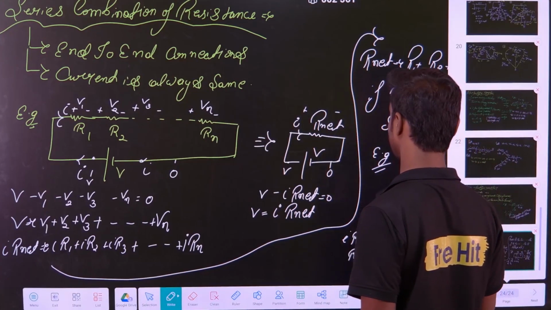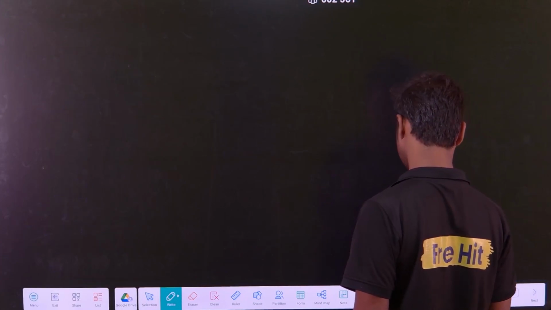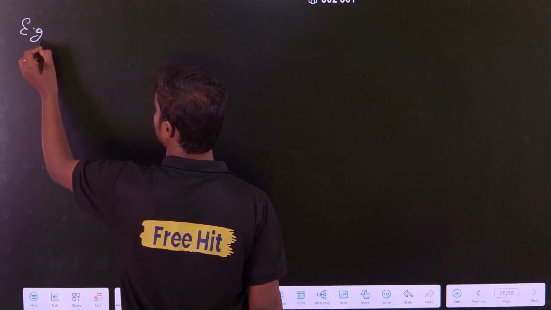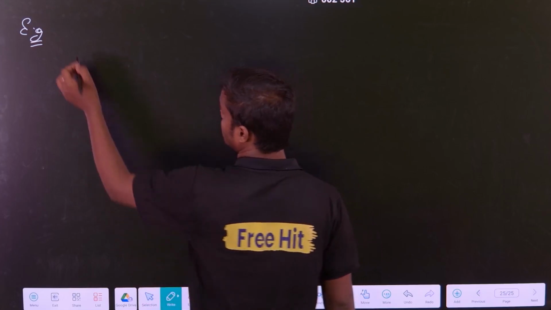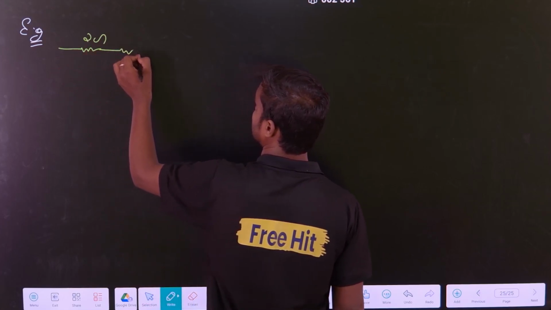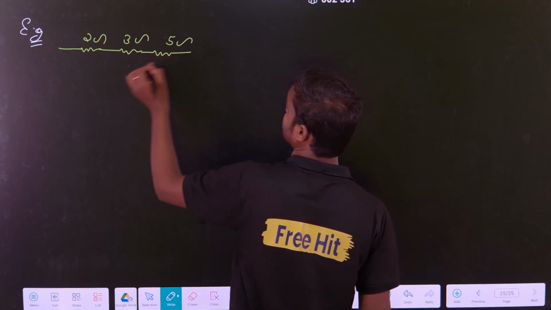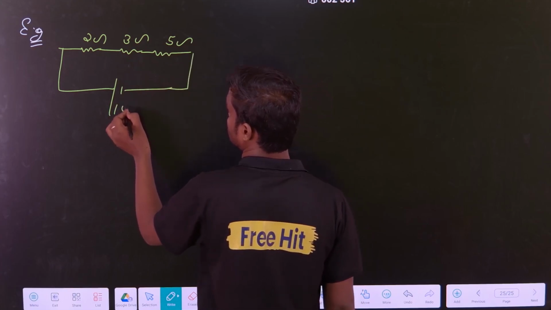For example, let us take 2 ohm, 3 ohm, 5 ohm, and some battery voltage here, plus volt.